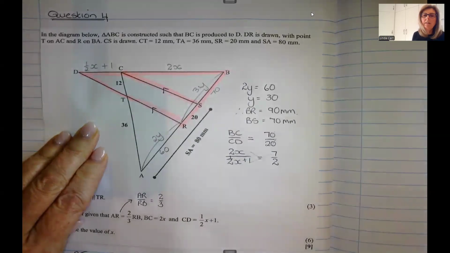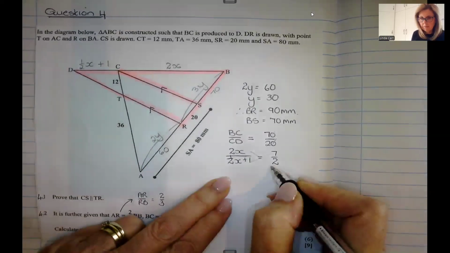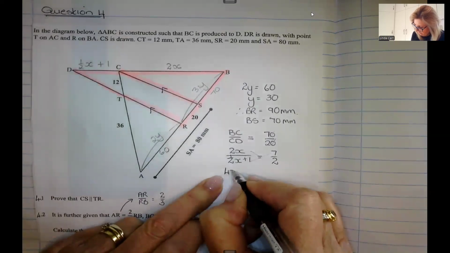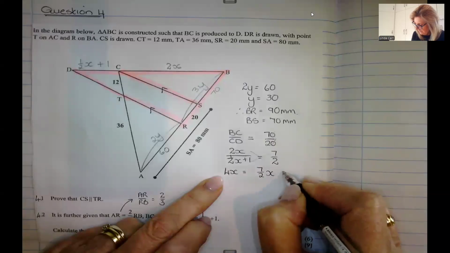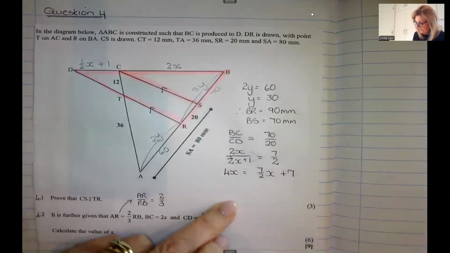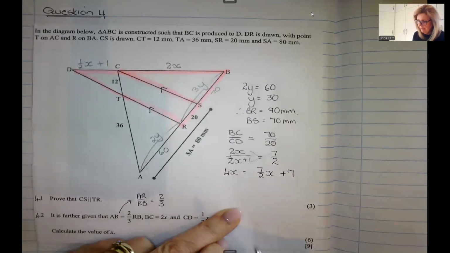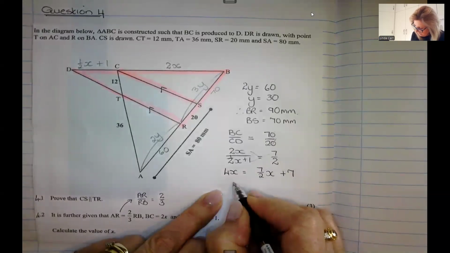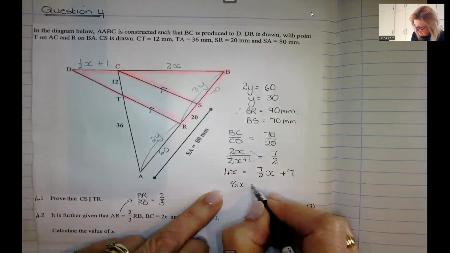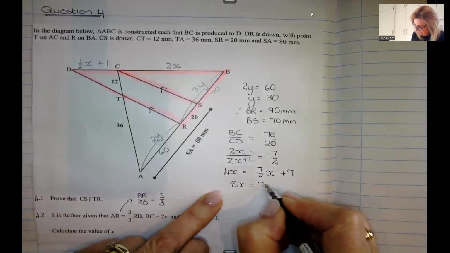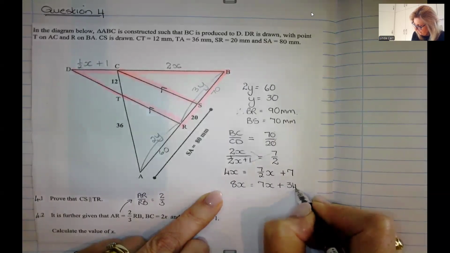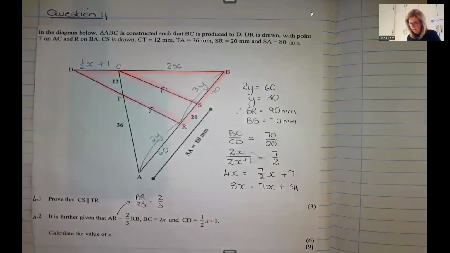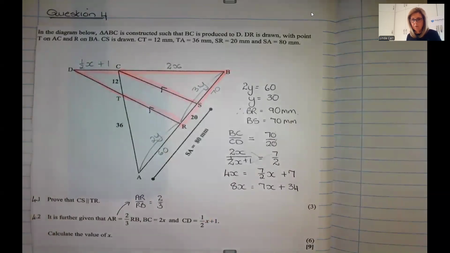And now I'm going to neatly cross multiply, which is a shortcut for common denominator. 4x is equal to 7 over 2x plus 7. Okay, I don't love those numbers, so I'm going to go 8x is equal to 7x plus 14.